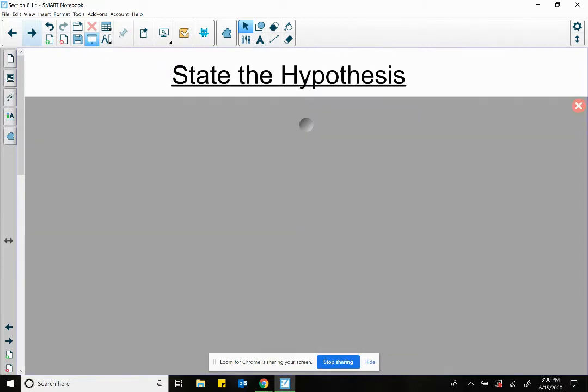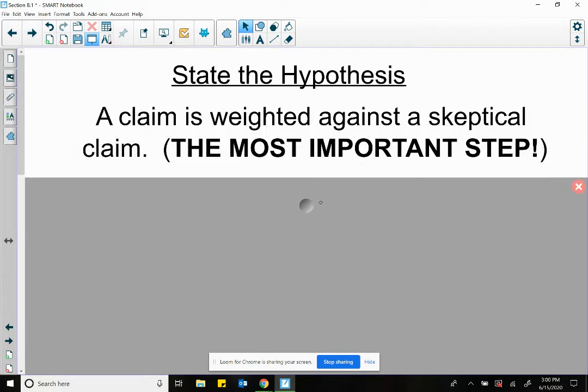So let's talk about state the hypotheses, because what you're doing in this step is a claim is weighted against the skeptical claim. This is the most important step because we got to know what we are testing. Okay, so you're going to have one claim and it's going to be weighted and compared against the skeptical claim.